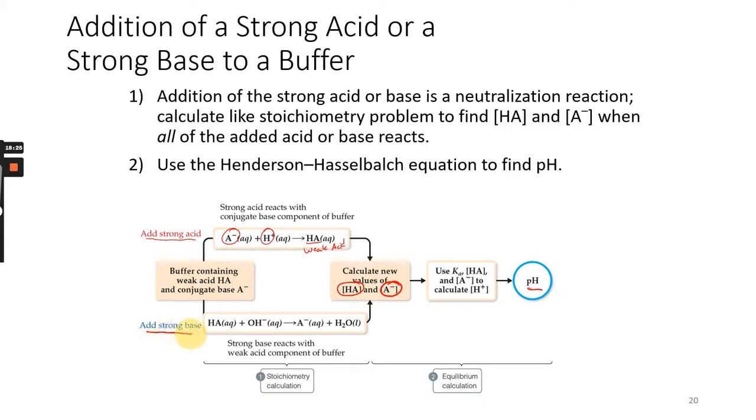If you add a strong base, it will generate water and A minus, and again it'll affect the concentrations. So you have to calculate the new concentrations and then use the Henderson-Hasselbalch equation to find the pH.